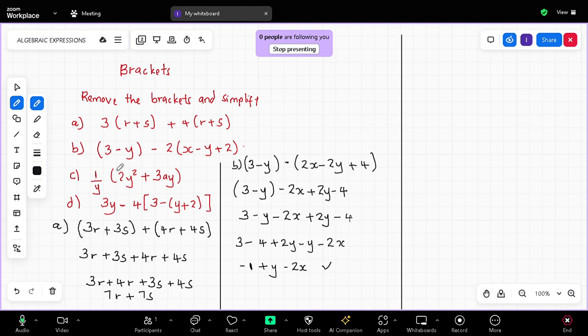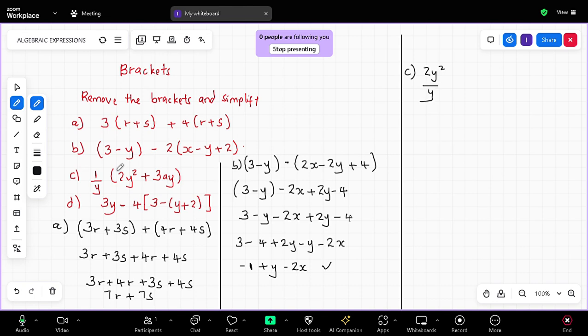Then part C we have 1 over y into bracket 2y squared plus 3ay. Whatever is outside the bracket we multiply by what is inside the bracket. So 1 multiplied by 2y squared in the numerator gives you 2y squared over y.